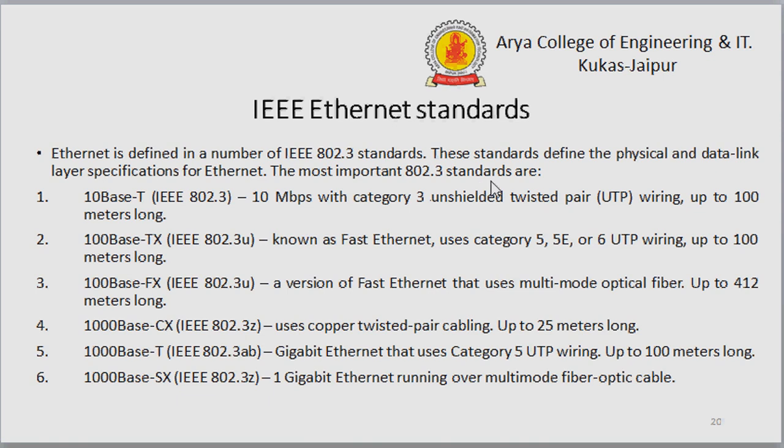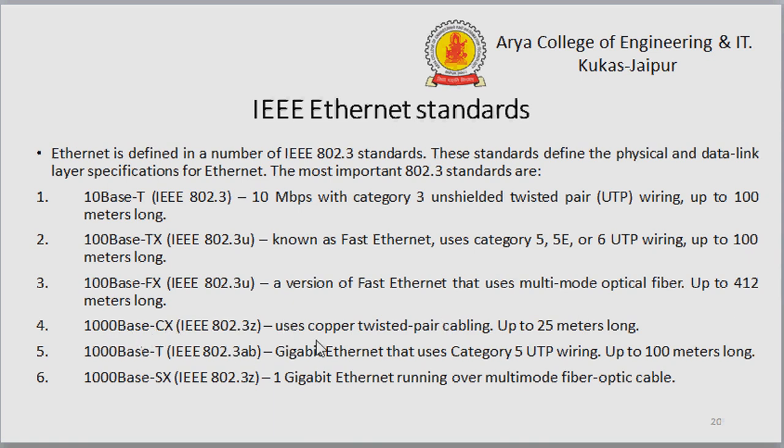The most important 802.3 standards are 10BaseT, IEEE 802.3, which is 10 Mbps with category 3 unshielded twisted pair wiring up to 100 meters long. 100BaseTX, known as fast Ethernet, uses category 5, 5E or 6 UTP wiring up to 100 meters long. 100BaseFX, a version of fast Ethernet that uses multi-mode optical fiber up to 412 meters long.